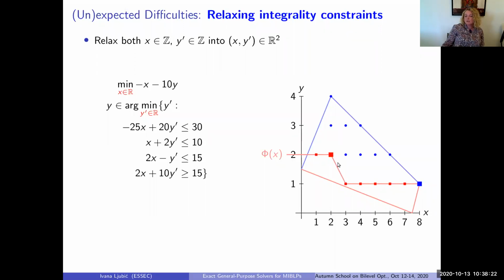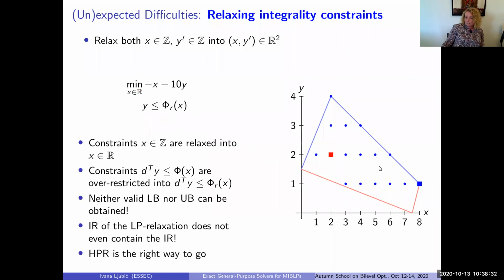Okay, so there could be some intersection. In our case, there is one point which intersects, and it happens to be the optimal solution of this relaxed problem. And so in this example, this point gives us a very upper bound, but you can also create examples where by relaxing these constraints, you get a lower bound.